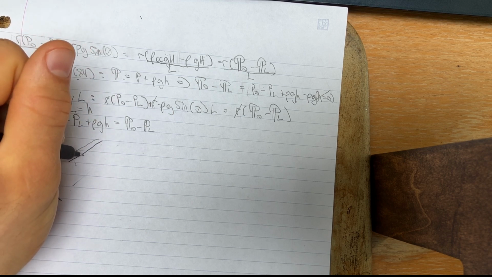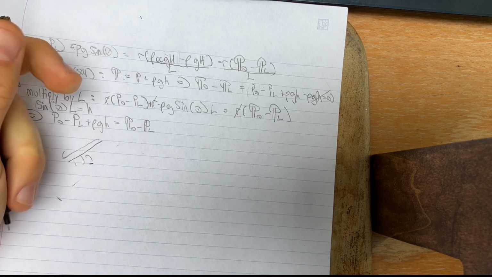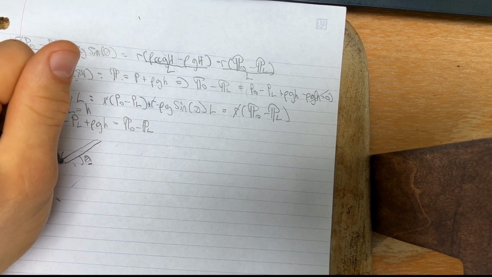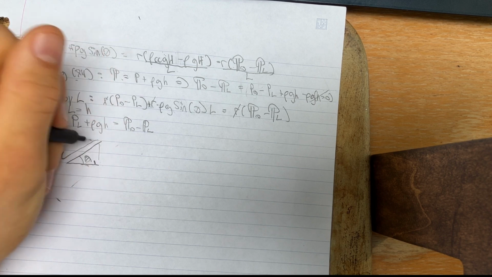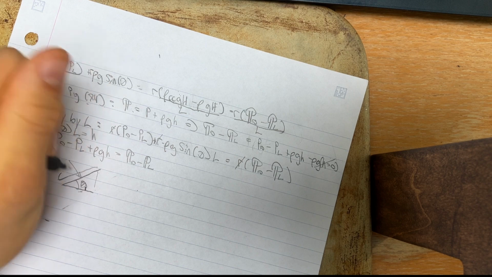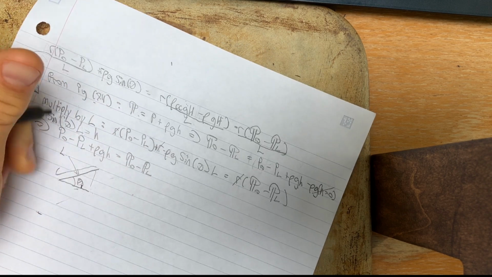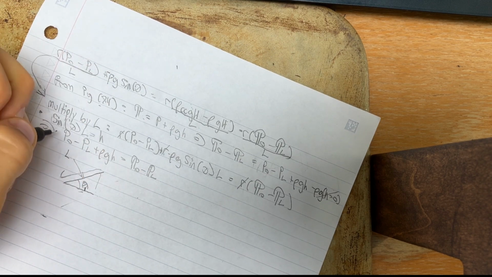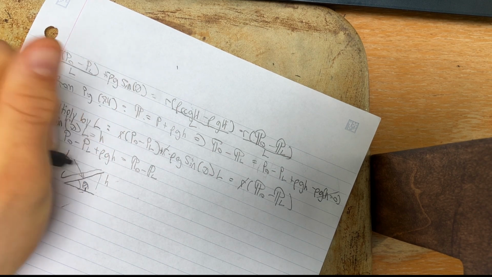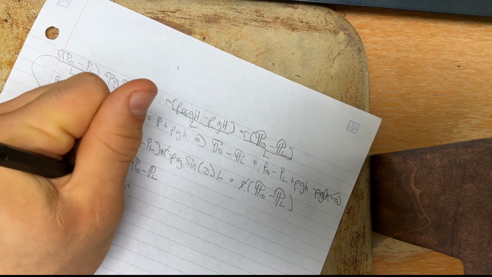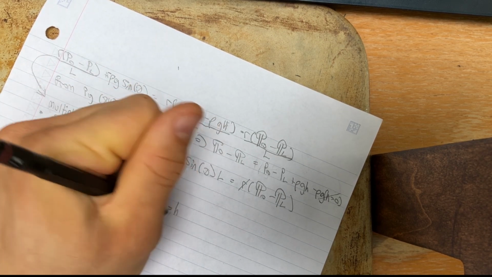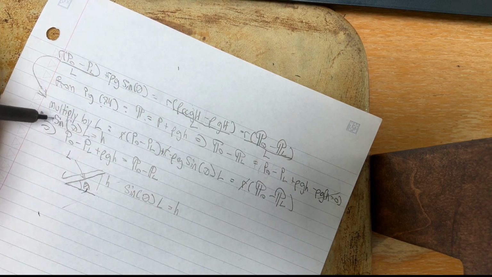The angle is theta, and this length here is L. So sine theta times L equals H, and that's where we get that.